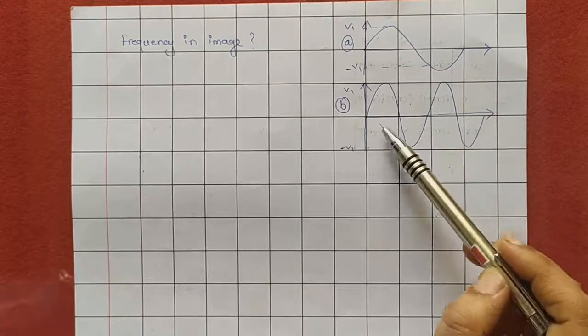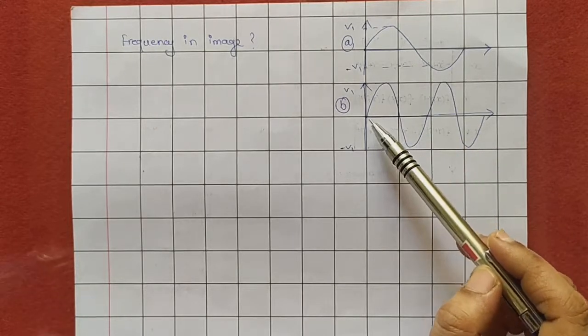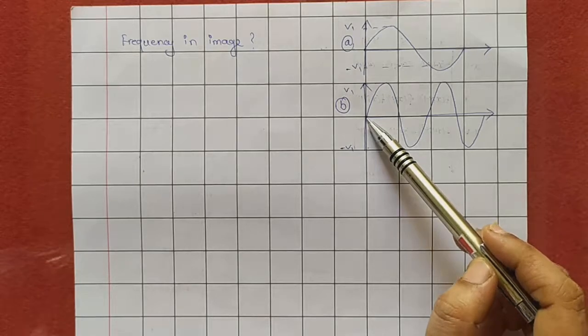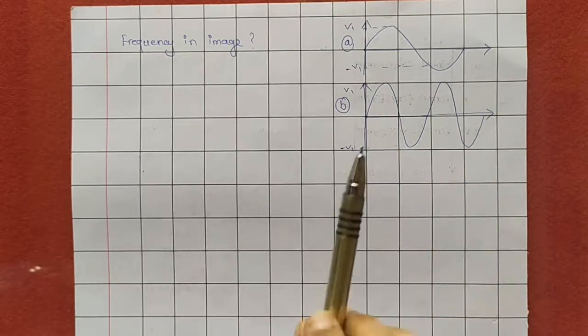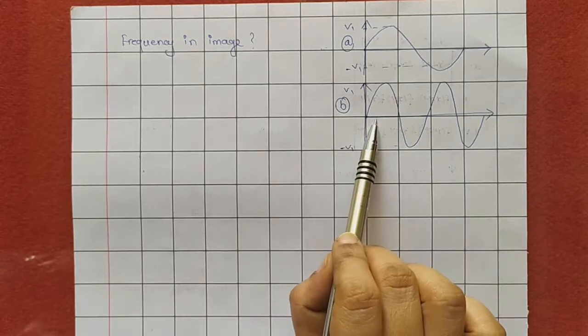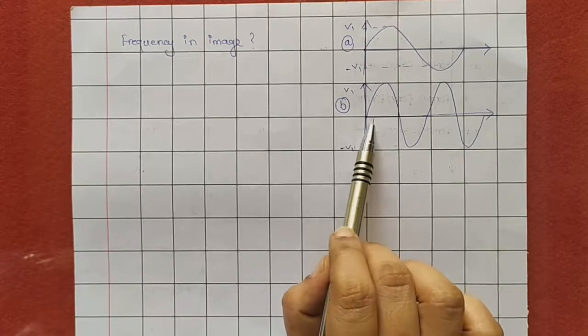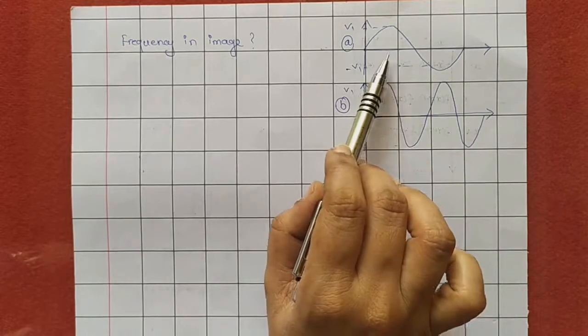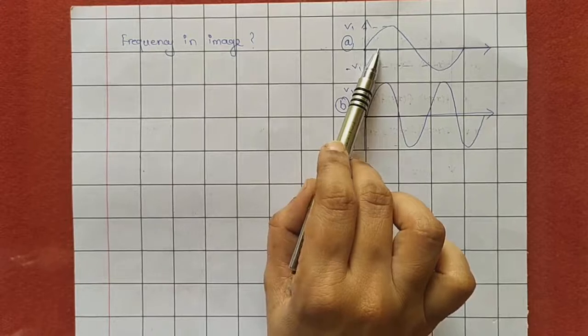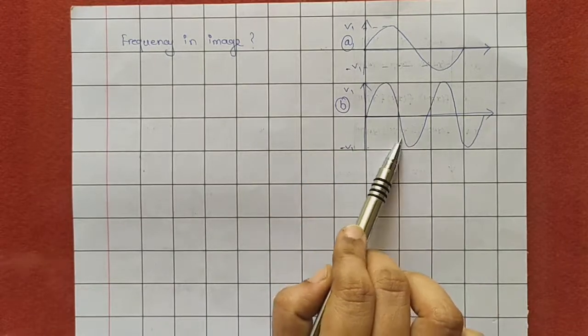So we can say that the second signal has more frequency compared to the first signal. That means in the second signal we have more oscillations compared to the first signal, so this has more frequency.